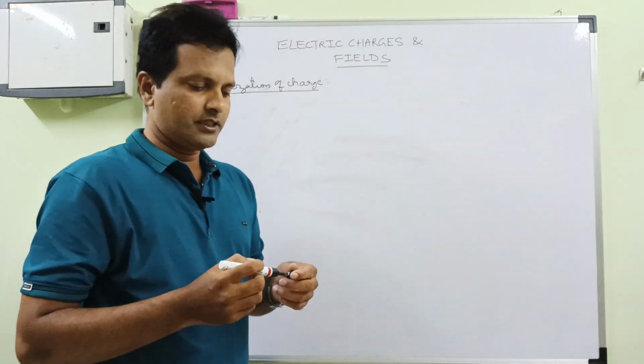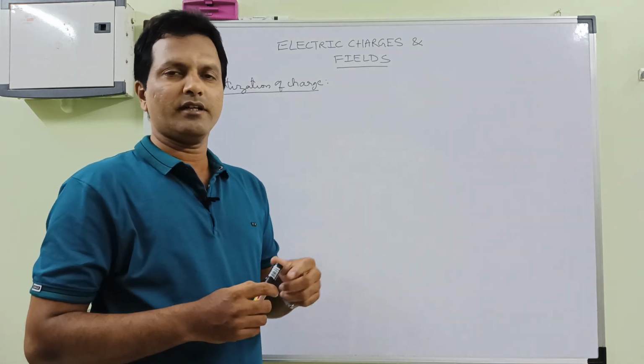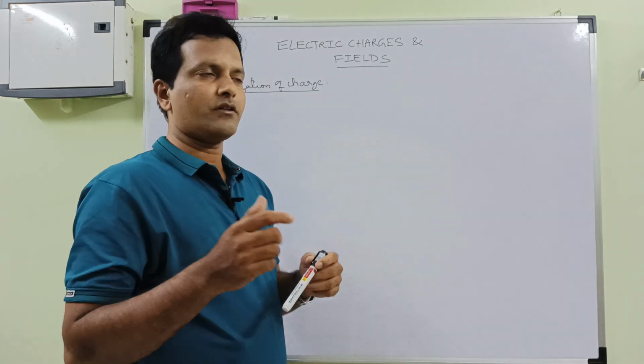What is quantization of charge? Charge is available in discrete values. That means it is available in the multiples of electron charge.